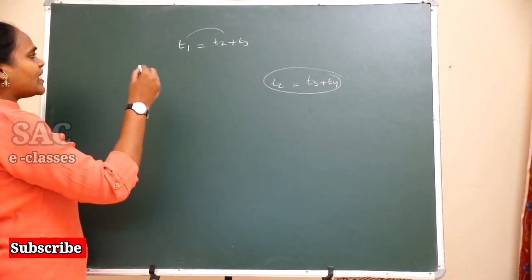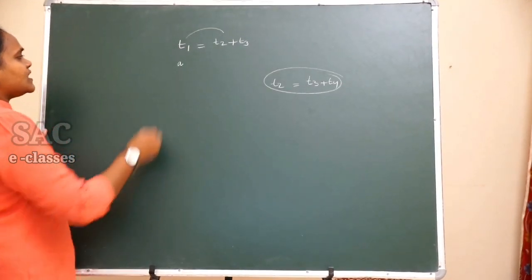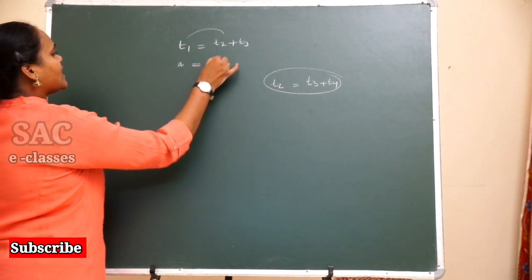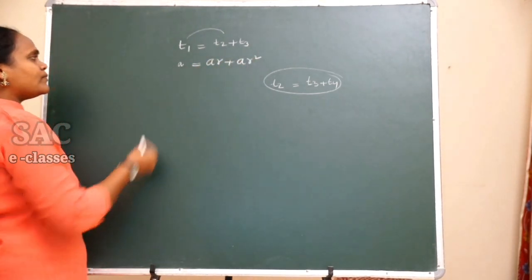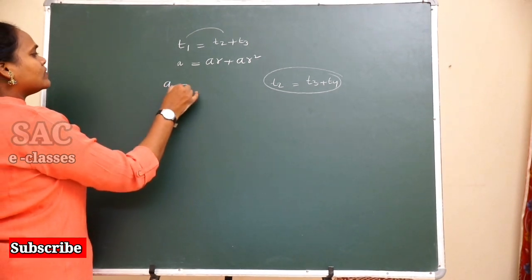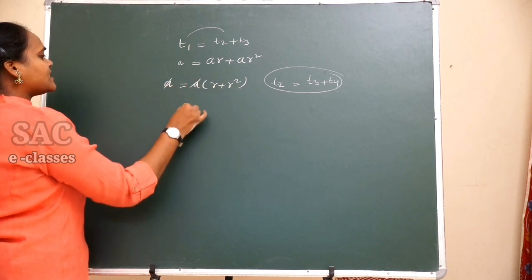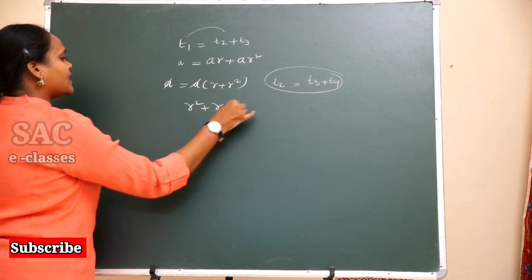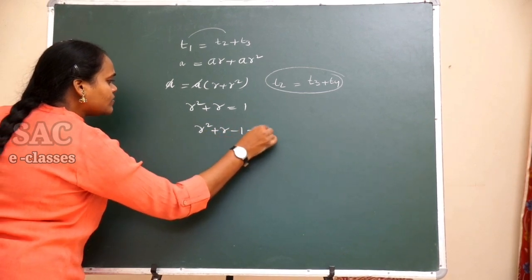You people know very well what T1 means. T1 is a, T2 means ar, T3 means ar square. I hope you can take out a as common: 1 is equal to r plus r square. Cancel it. r square plus r equal to 1, so r square plus r minus 1 equal to 0.